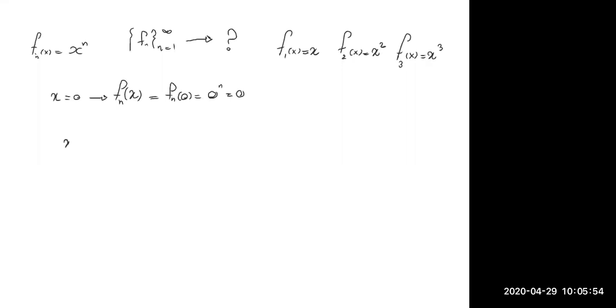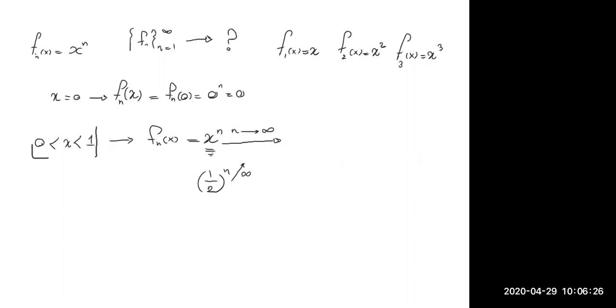If x is between 0 and 1, on this interval, if we look at f_n of x, which is x to the n, as n goes to infinity, we would have a number between 0 and 1, like 1 over 2 to the n, but this power is going to infinity. And when we have a number between 0 and 1 and we raise the power, that number converges to 0, right?